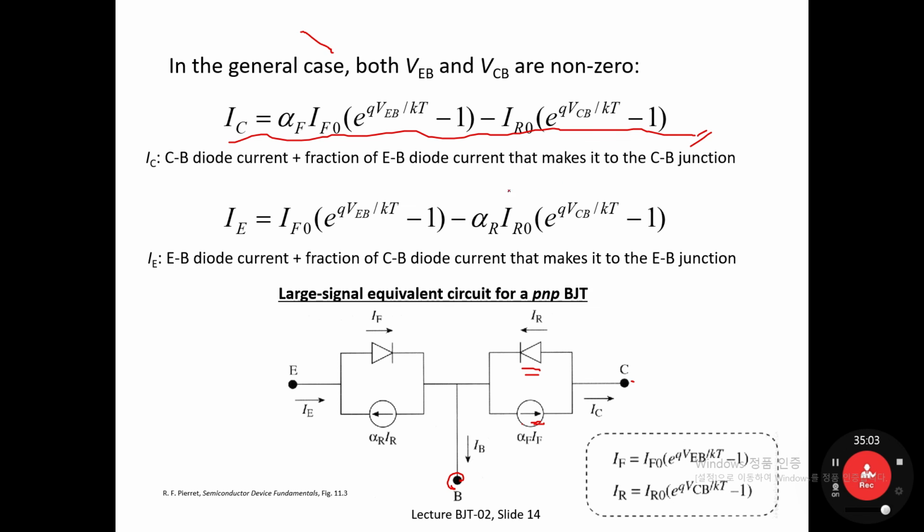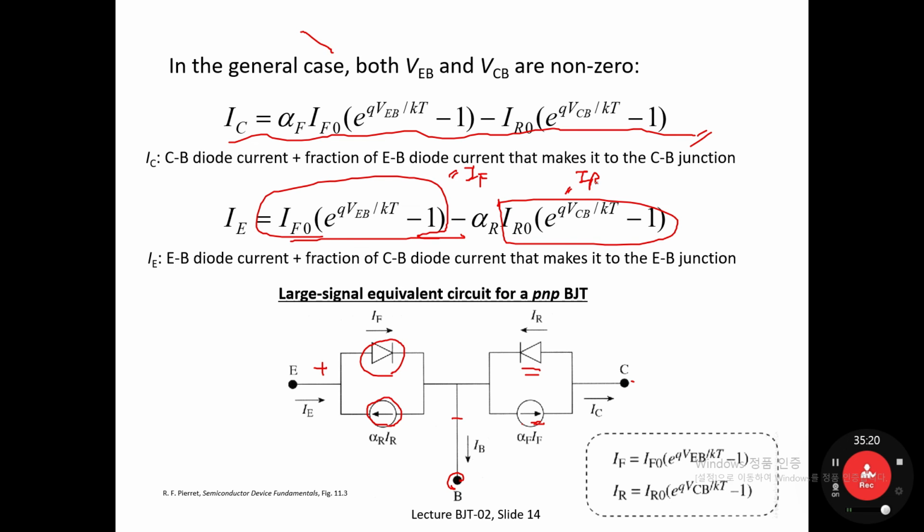Similarly, you can build another diode and current source between the emitter and base, as shown here. This whole term is defined as IF, and this whole term is defined as IR. So alpha R IR is defined here as a current source, and IF is written with a diode symbol.